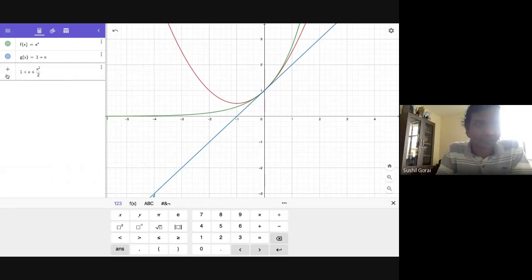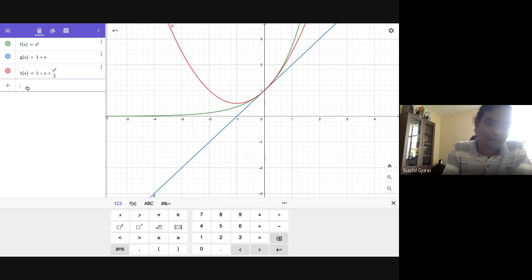All right. So let's add more terms. 1 plus x plus x squared divided by 2.